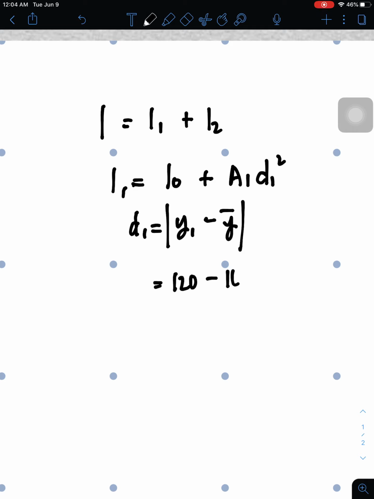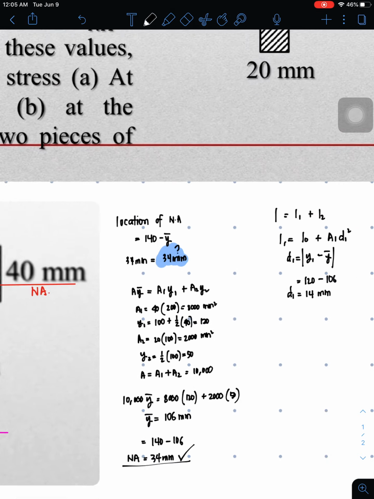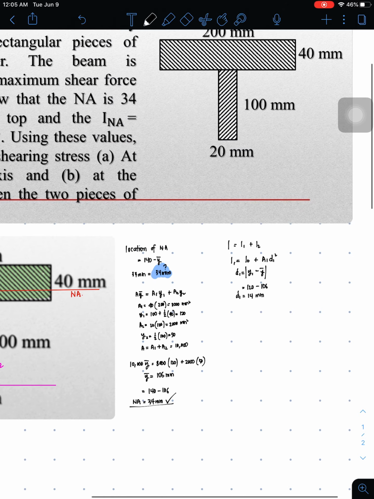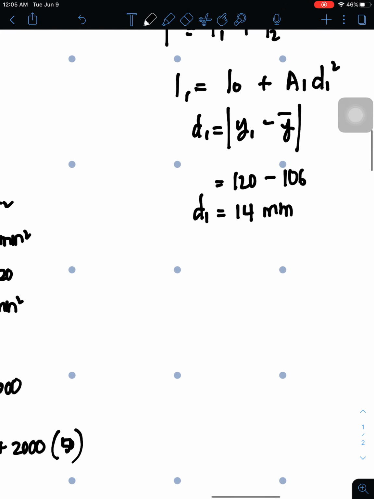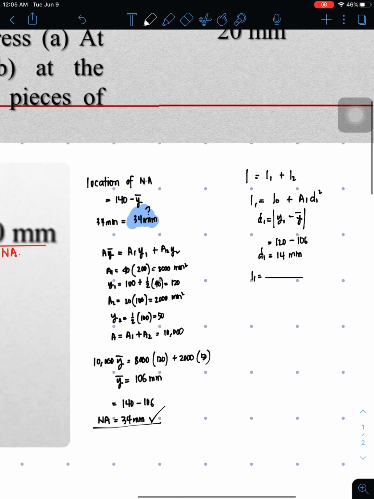Y1 is 120, barred y is 106. So d1 is 14. Correct. Y1 is 120. And then I1 now, it's centroidal moment of inertia. It's BH cubed over 12.